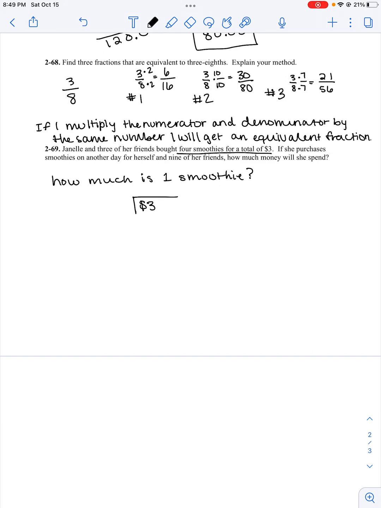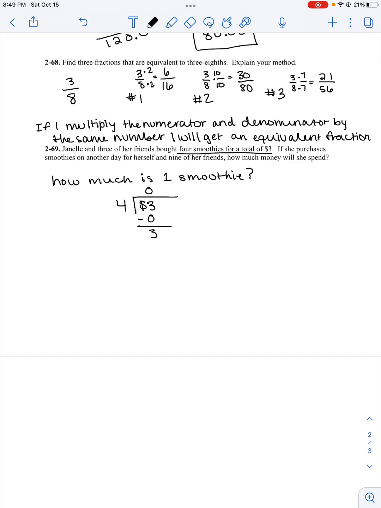So if I take 3 and divide it by 4, okay, well, 4 doesn't go into 3. So then 3 minus 0 is still 3, and I'm stuck where I'm at. But we can add a decimal point.